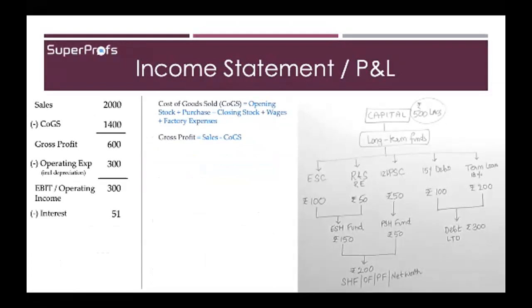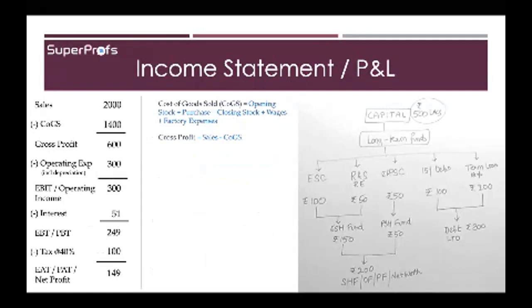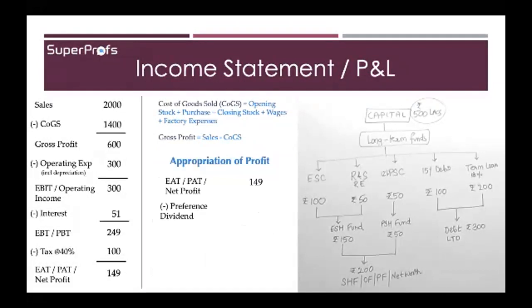Just like we calculated interest, 15% of 100 lakh and 18% of 200 lakh, similarly in preference share capital, what you have to pay back is fixed, and the rate is provided to you. So in appropriation of profits, when you are calculating how much preference dividend you have to pay, it will be calculated on whatever the amount and rate is.